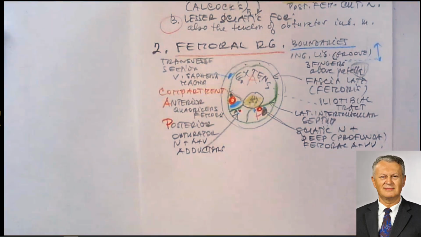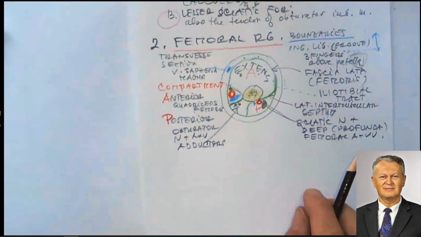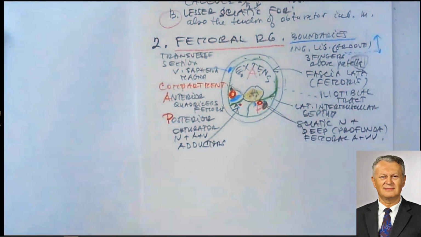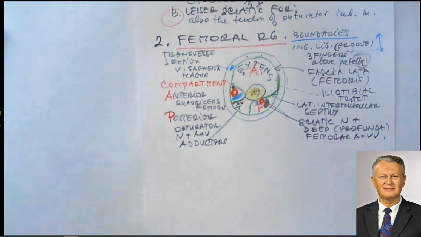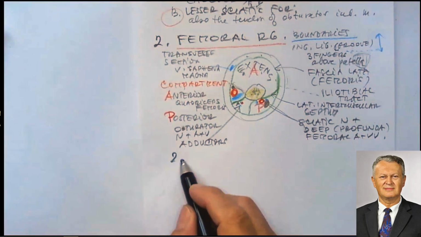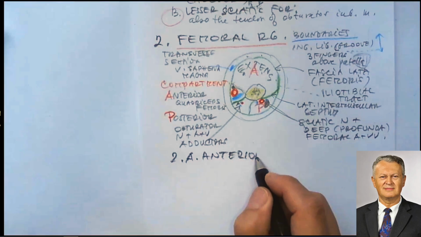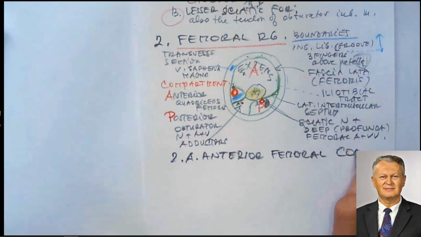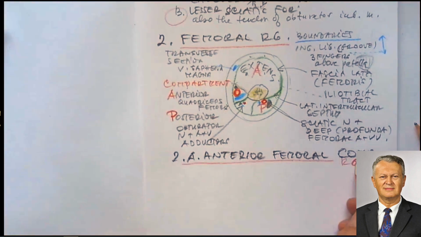So this is the orientation, and then we could start with the anterior femoral, because you see it's divided into the anterior and posterior compartments, starting with the first one, A. So the title would be 2A, anterior femoral compartment. Good. Compartment, or also region, definitely, because we are speaking about the regions.